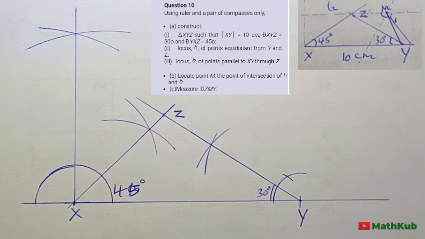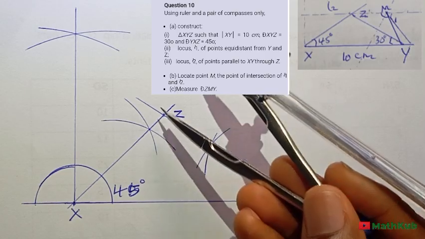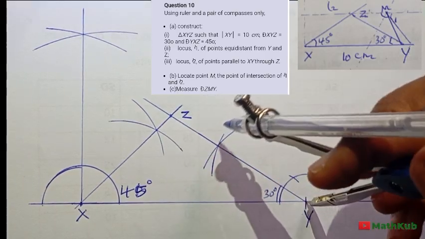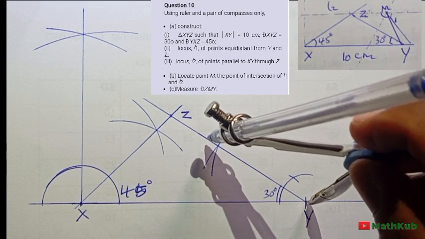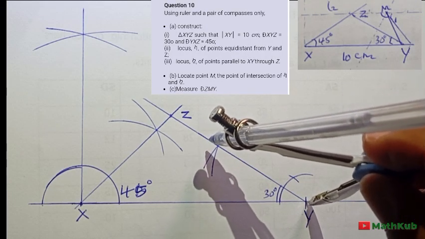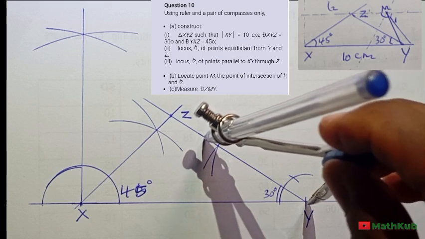So the next one, we are to construct a locus, that is locus L1 of points equidistant from Y and Z. So the first one, we are to do what? To bisect this line YZ with Y as center, and then a radius greater than half YZ.